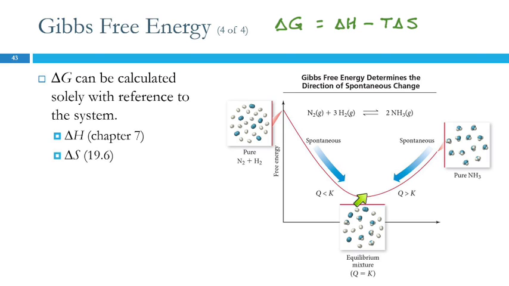The reaction is going to settle at the lowest Gibbs free energy, the chemical potential energy. And so we can look at which direction is spontaneous: is that going to cause a negative change in G? Then it's going to be spontaneous. Going this way would cause a positive change in G, that's not going to be spontaneous.